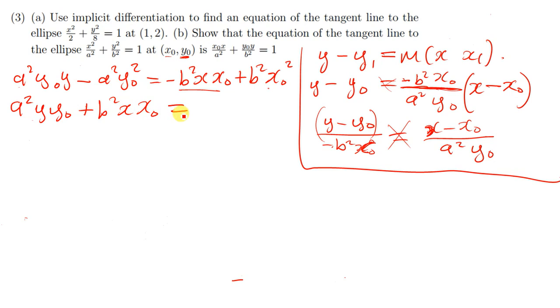Then I'll take the rest to the other side of the equal sign as well. So on this side I have b squared x naught squared, and this also will go to the other side, which is just going to give me plus a squared y naught squared.